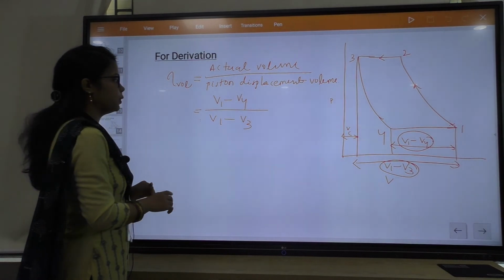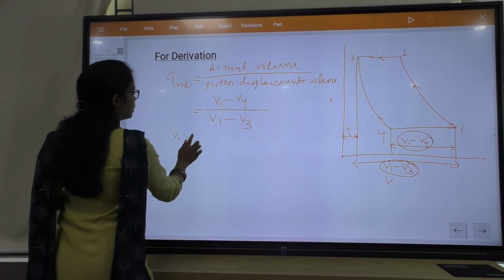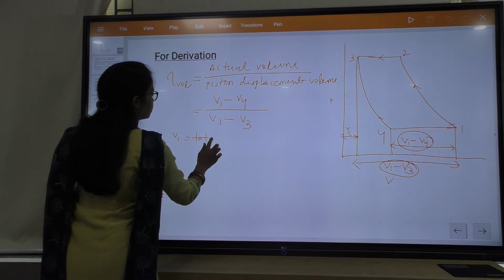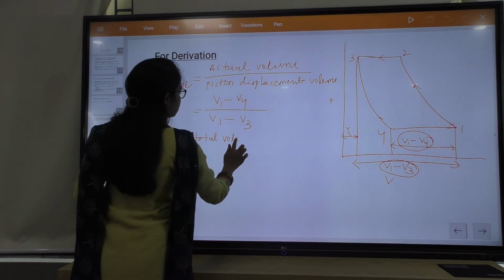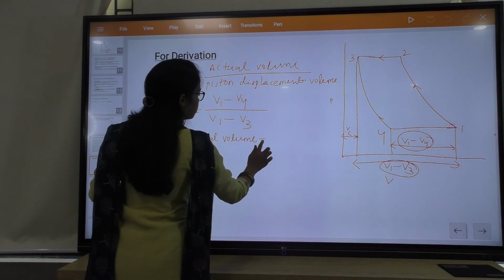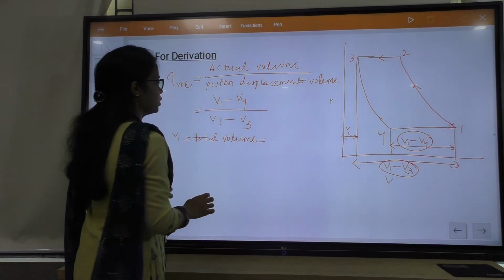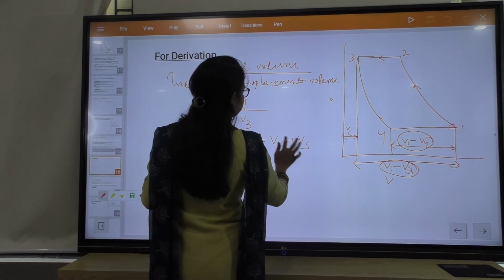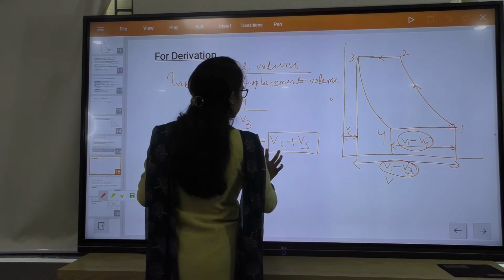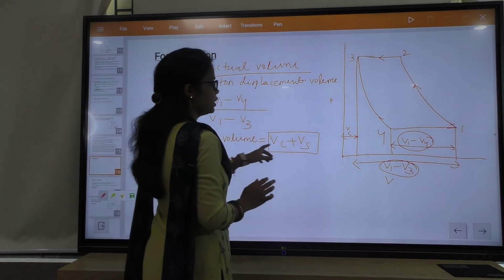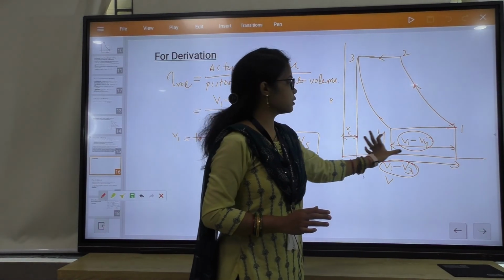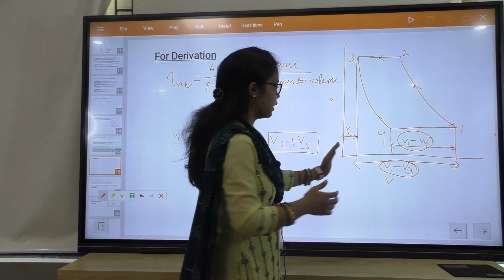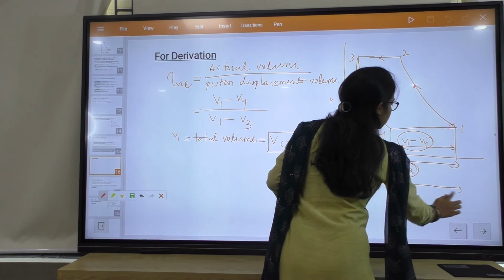Clear? And what is the value of V1? V1 is the total volume, and the total volume is Vc plus Vs. Vc means clearance volume, Vs means swept volume. This value is the total volume up to this point.